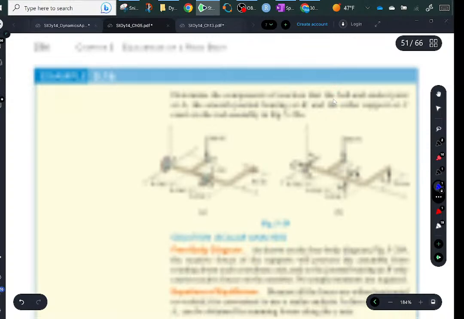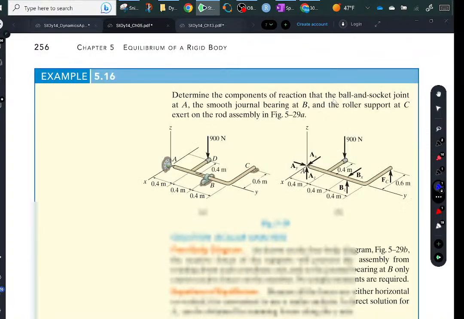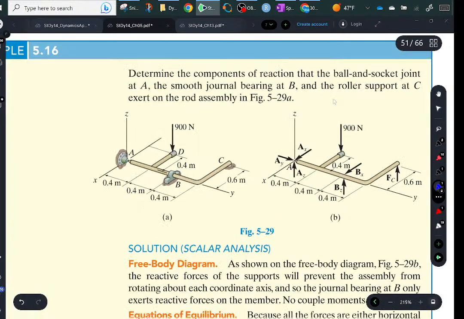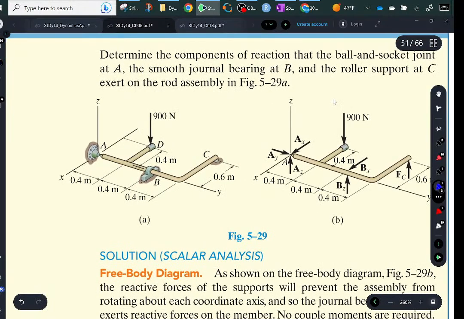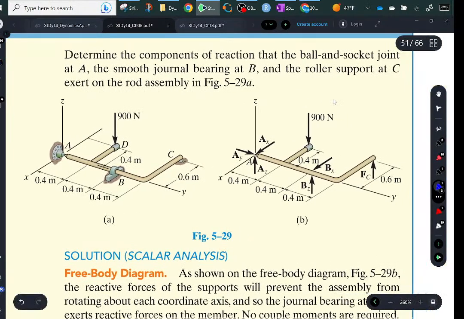So let's see what he did with this one. Okay, so this is another one that's very annoying. But I'm not trying to be bad or anything, but if I were working in the field and someone told me that is a bearing, I'm going to put the moment here and the moment across here. I just can't see it not being able to withstand a moment.